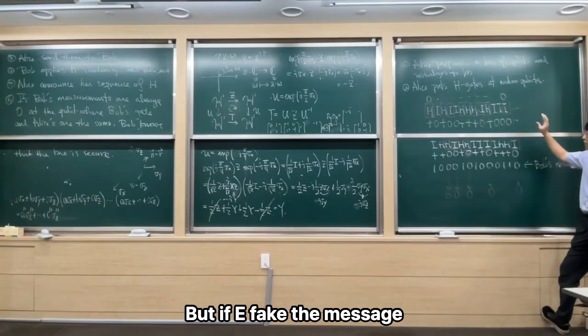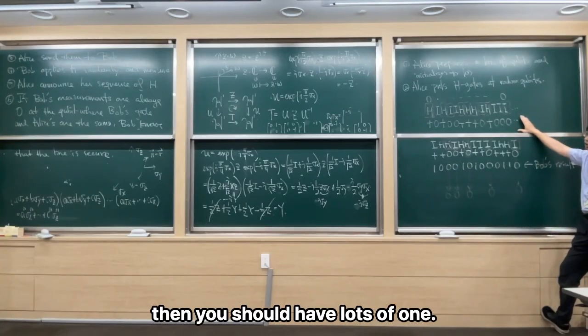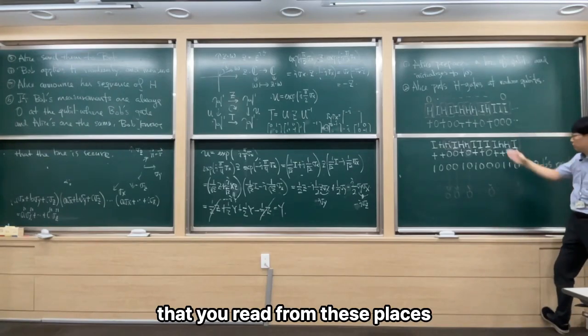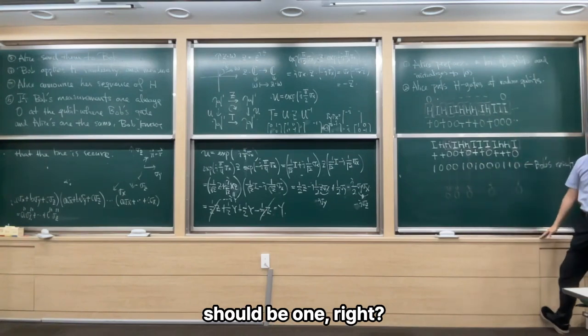But if Eve faked the message, then you should have lots of 1s. Practically, almost 50% of the message that you read from these places should be 1, right?